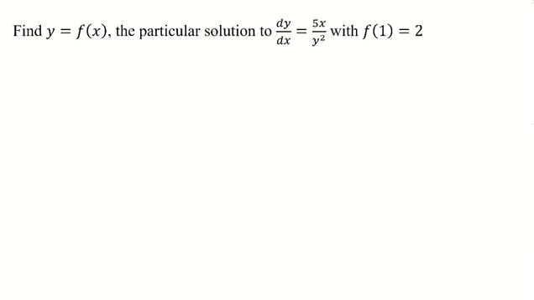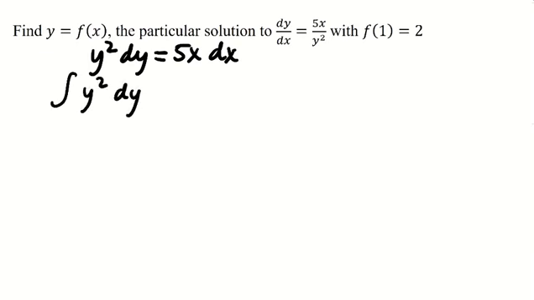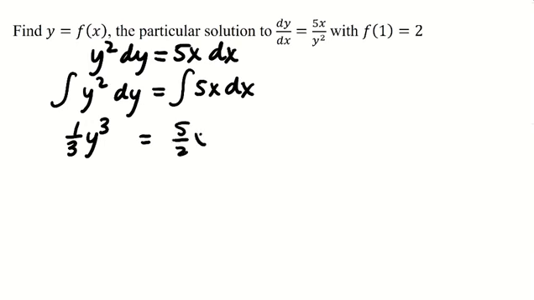I'm going to have y squared dy equals 5x dx, multiplying both sides by dx. I'm going to take the antiderivative of both sides. It's 1/3 y to the third equals 5/2 of x squared plus c.